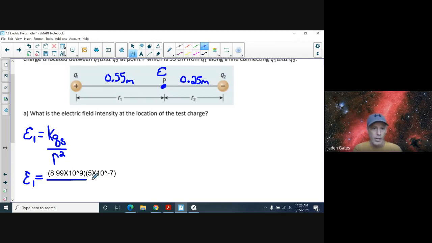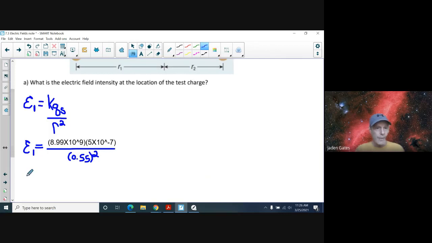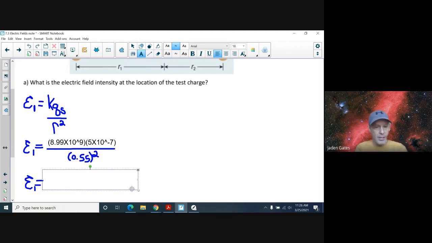So let's see here, throw that down here. And again, the distance is 0.55 and squared. All right, now the field strength, let's check it out. I'm going to do some multiplying here and then divide by 0.55 squared. And here's what I'm getting. So I pipe that into my calculator, and I'm getting 14859.5. And again, the units are newtons per coulomb.